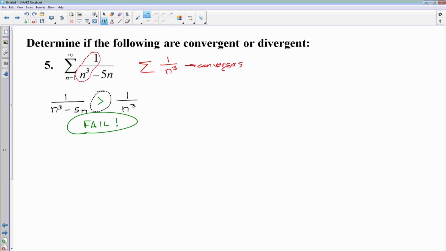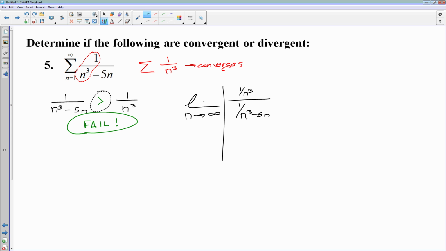Then I'm going to try the limit comparison test. And it doesn't matter which one goes on top. It doesn't matter if you put the 1 over n cubed on top or the other one. So I'm going to try limit comparison. So the limit as n approaches infinity of, and I'll put 1 over n cubed on top, over 1 over n cubed minus 5n, and we will clean that up.